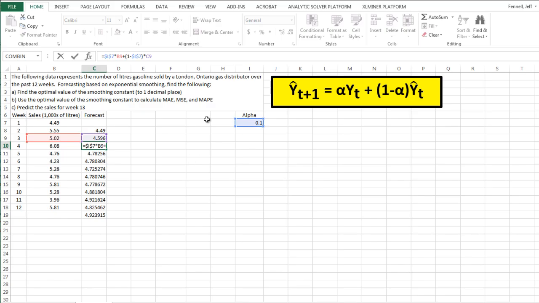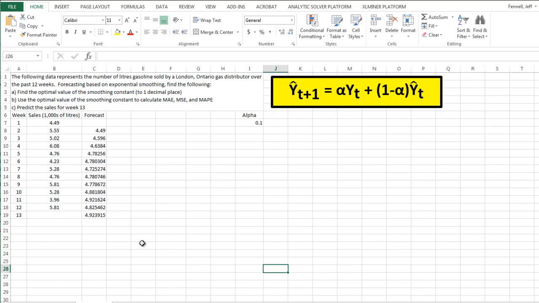But as I copy and pasted down, now for week 4, we have alpha times the prior period sales, week 3's actual sales, plus 1 minus alpha times the predicted sales for week 3. So as we said, we get all the way down to a prediction at this point for week 13 of approximately 4,924 liters of gasoline.